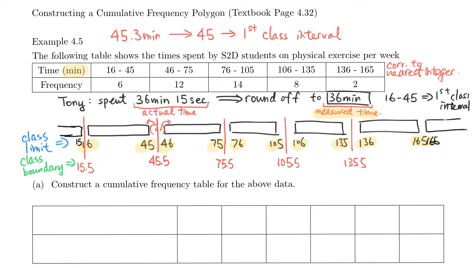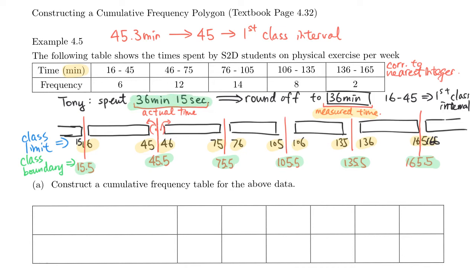So the line will be 165.5. So these are the class boundaries. Remember, all numbers that fall between 15.5 to 45.5, the actual time, will fall into this group. These numbers are recording the actual time.